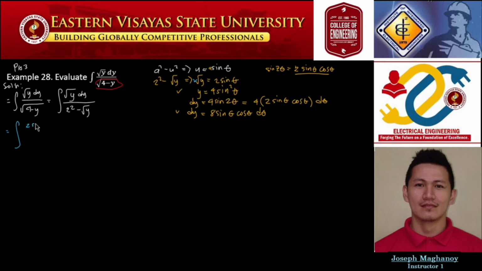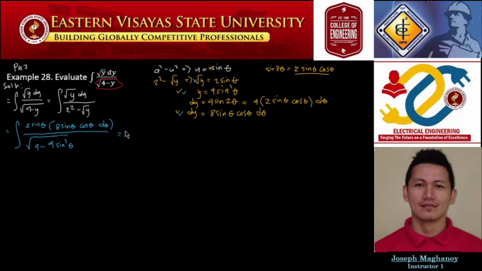Your dy is 8 sine theta cosine theta d theta, all over the square root of 4 minus, what is your y? 4 sine squared theta.